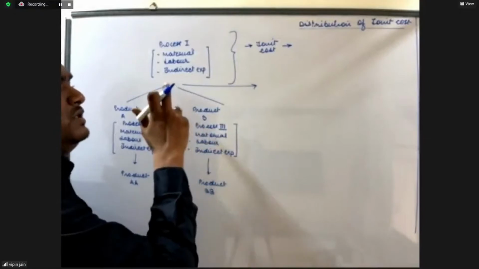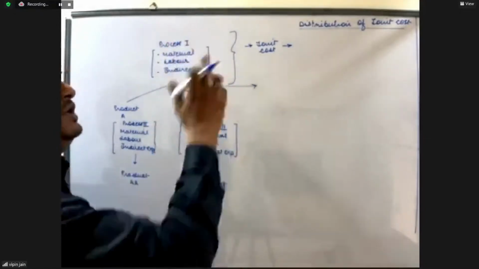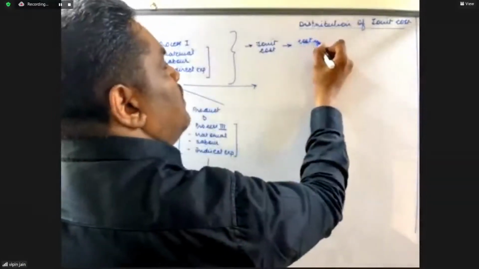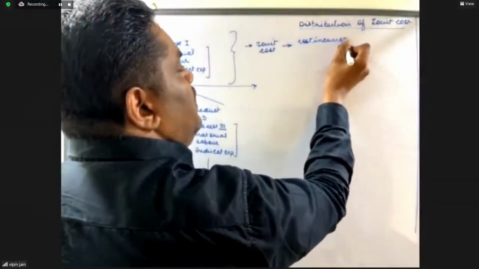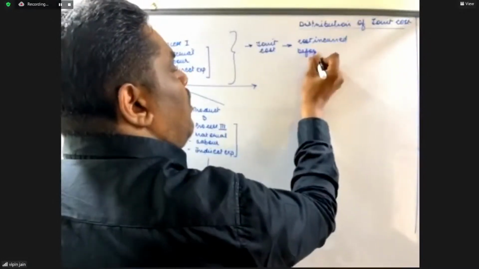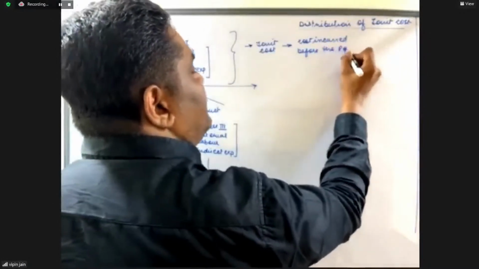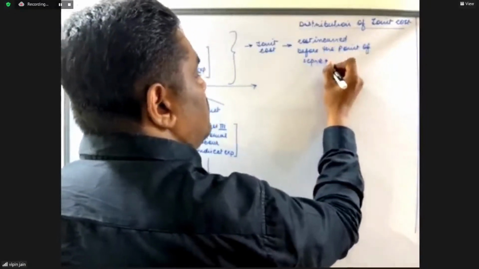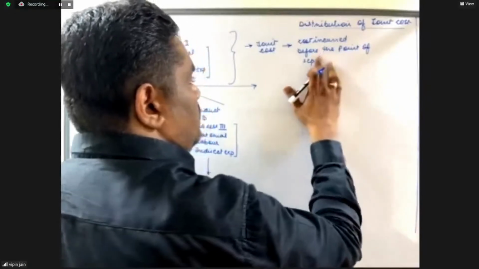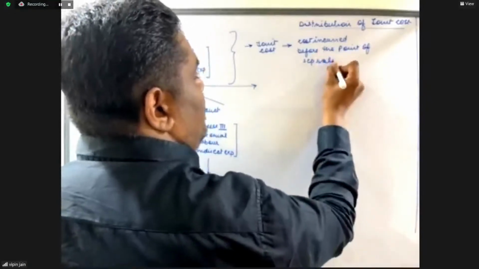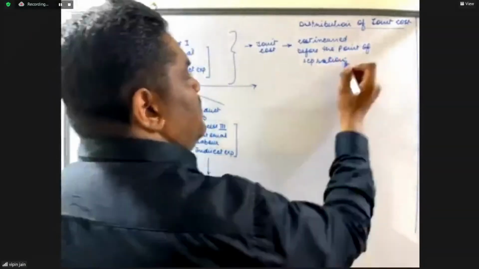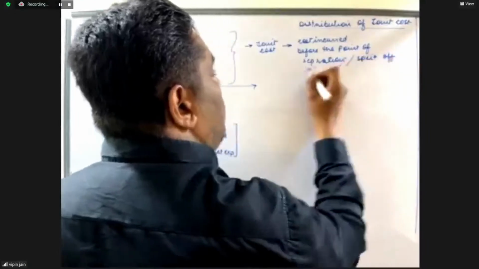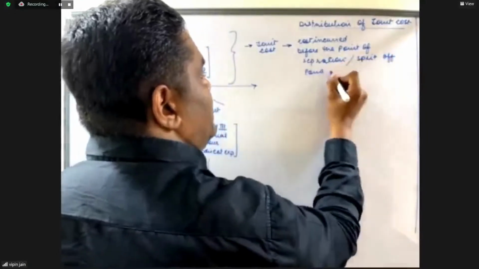So whatever cost is incurred before the point of separation, or we can say split off point, is joint cost.